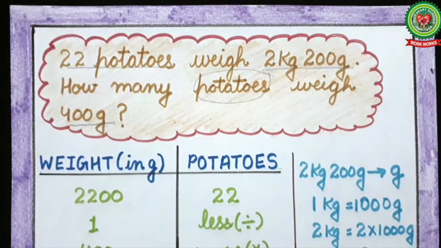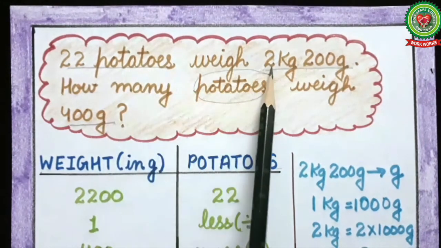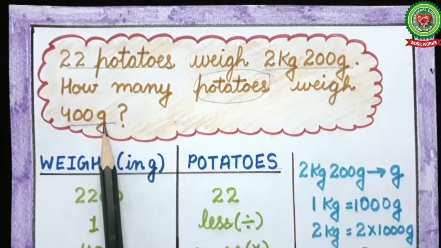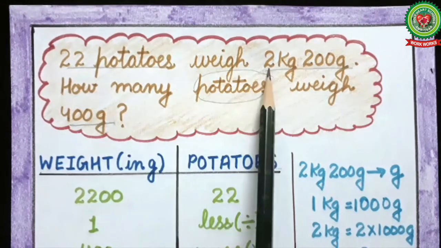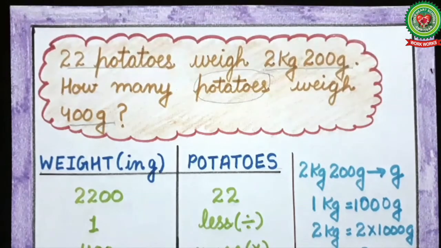Students, this example is a little bit different from the previous examples. Here we have given 22 potatoes weigh 2 kg 200 grams, but we need to find the potatoes for 400 grams. So the unit for which we need to find potatoes is grams. So we will first convert given units into grams.